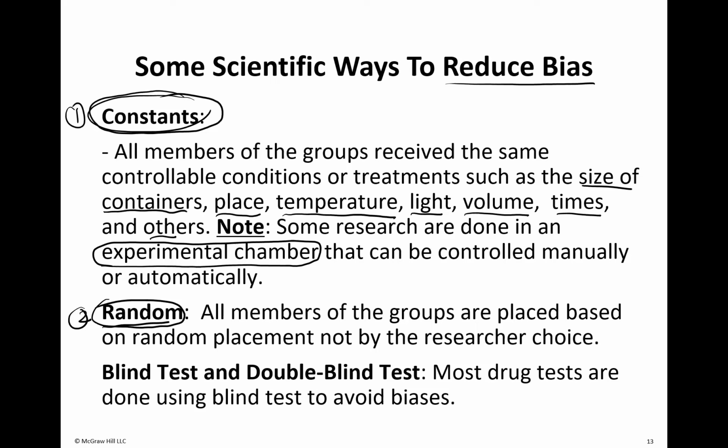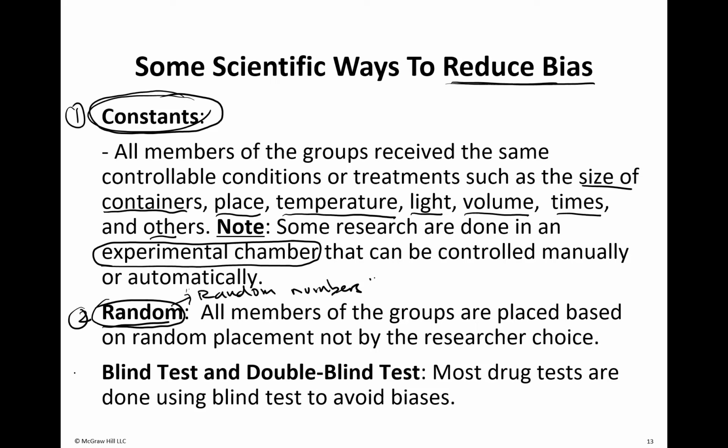And there is a way to randomize the experiment. There are what we call random numbers that can be used to make our experiments randomized. So it is really important for scientists to follow this random rule in order to reduce the bias.